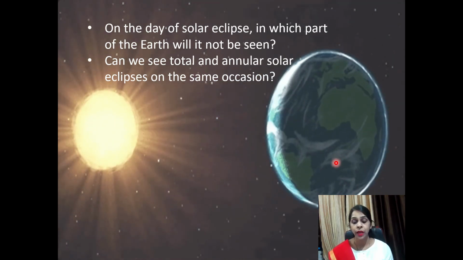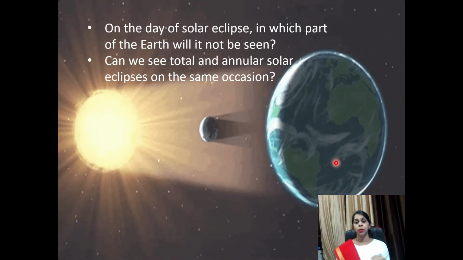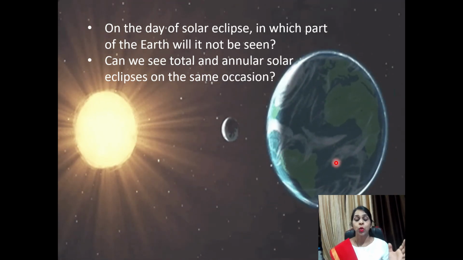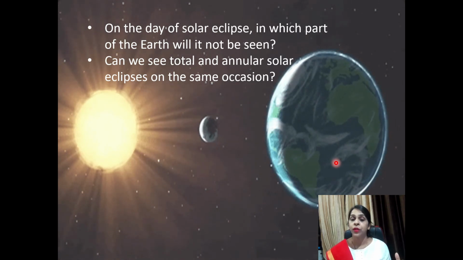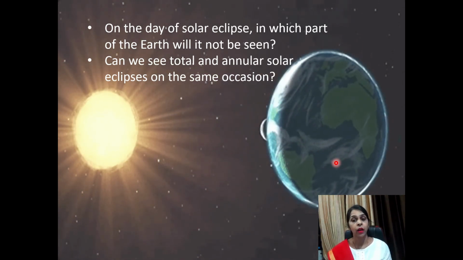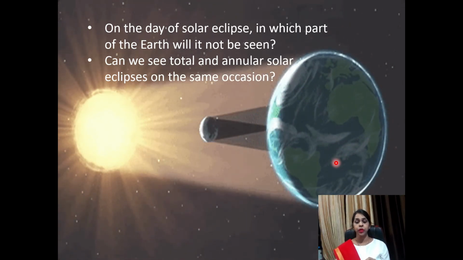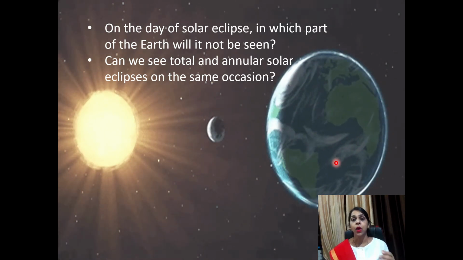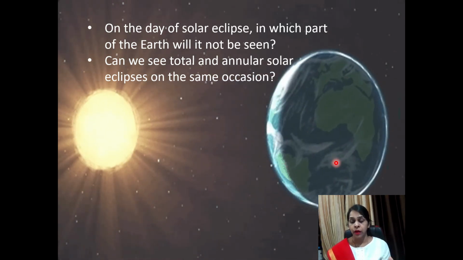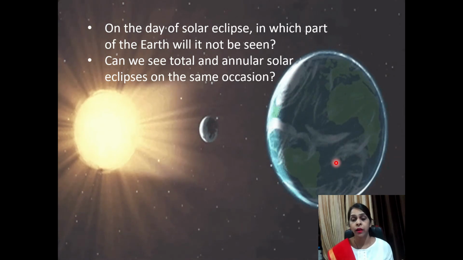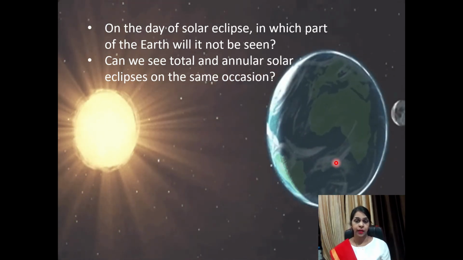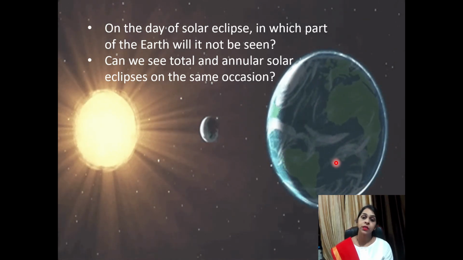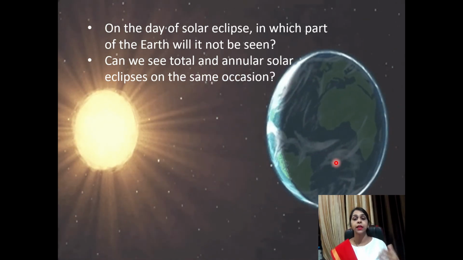Today we learned about the sun, the moon, the earth, the solar eclipse and its types, and we also saw the angle of the moon. In the next class, we will learn more about the lunar eclipse, the second topic. We will see you in the next class.